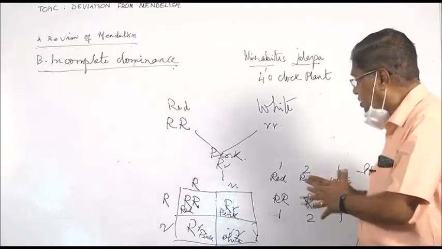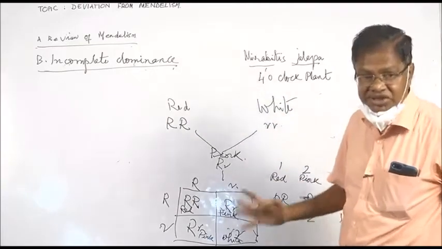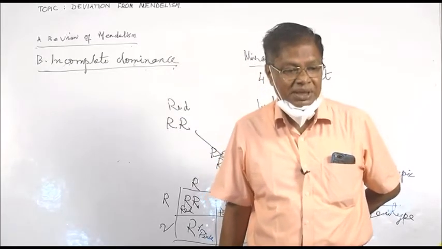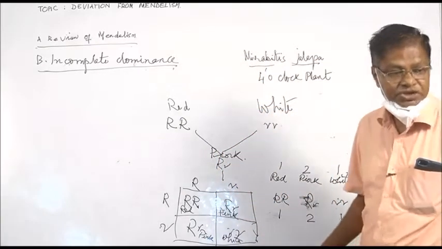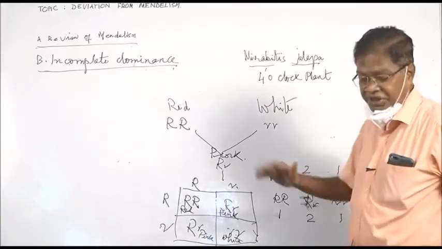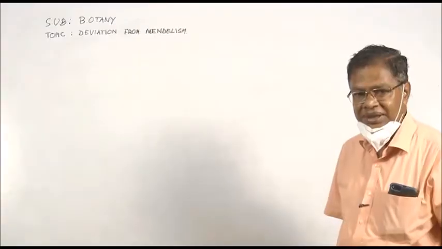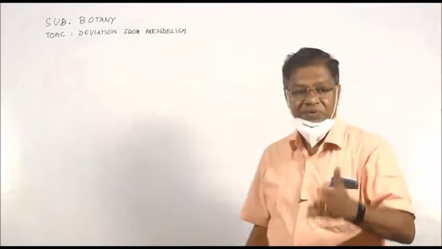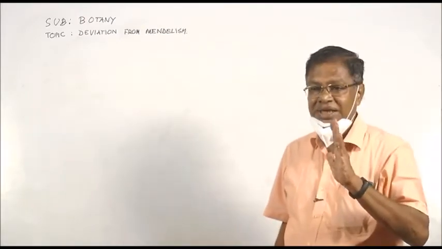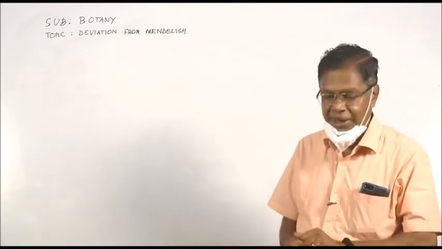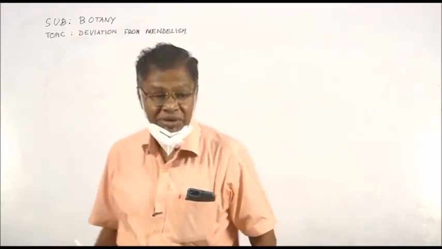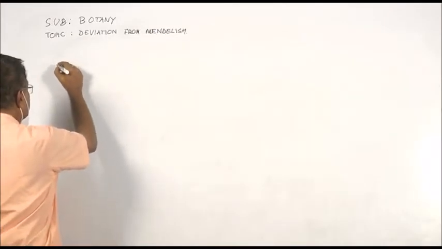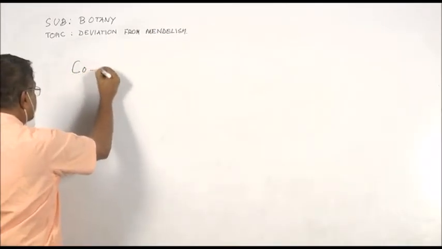The importance of this deviation is that both the phenotypic and genotypic ratios are the same here. We have discussed the first deviation, incomplete dominance. The second deviation from Mendelism is codominance.